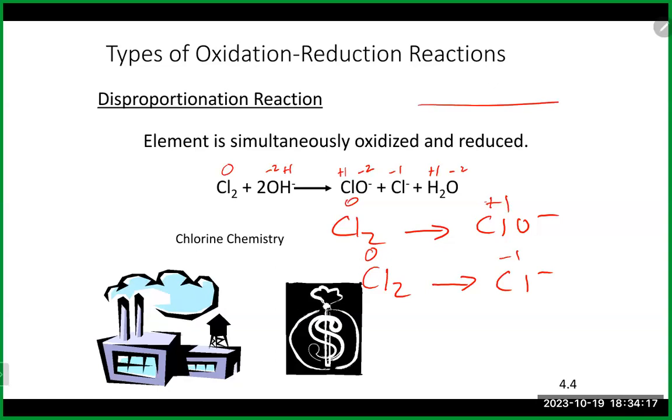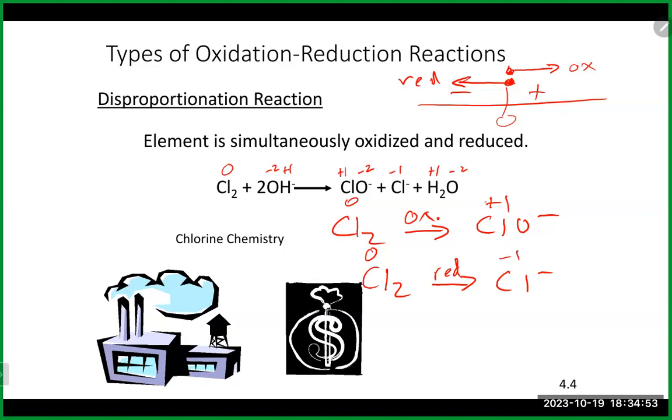So in the top reaction, when we look at the chlorine, starts at 0, ends at +1, so it is becoming oxidized in this reaction. When we look at the chlorine in the second reaction, starting at 0, ending at -1, so it is becoming reduced. So that chlorine is both being oxidized and reduced, and the two half reactions would have the same reactant, and then two different products in each of those. Any questions on disproportionation reaction there?